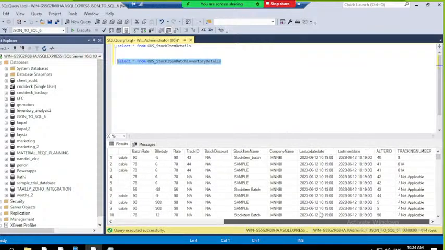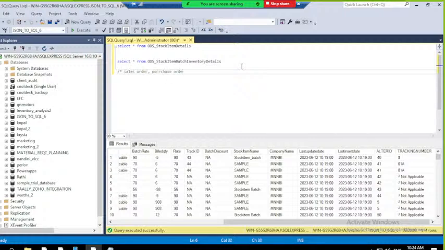Clear? Yes or no? So all your sales order and purchase order level details, sales order, purchase order, right? All those are at the batch level. Your sales order pending and your purchase order pending are all at the batch level.